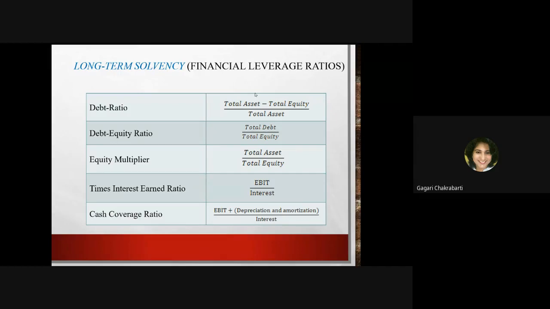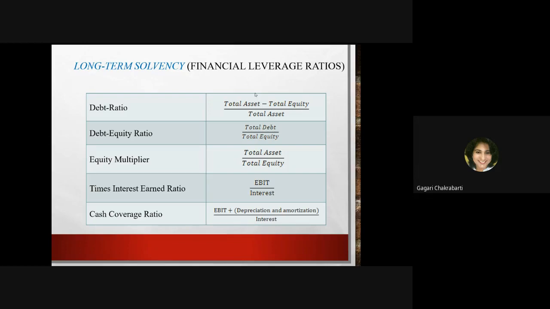So this cash coverage ratio considers not only the EBIT but also the other cash items that the firm had in hand. Depreciation: the firm initially had it in its hand, but it has paid it out. And amortization is now going to the debt holders, but initially it was with the firm.